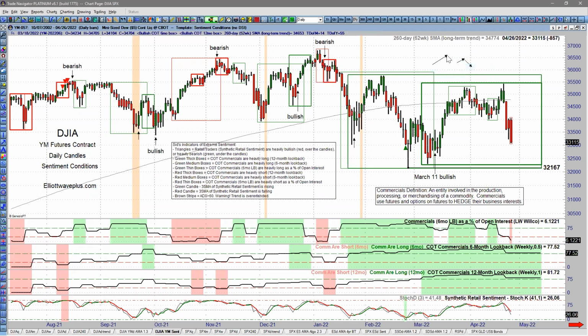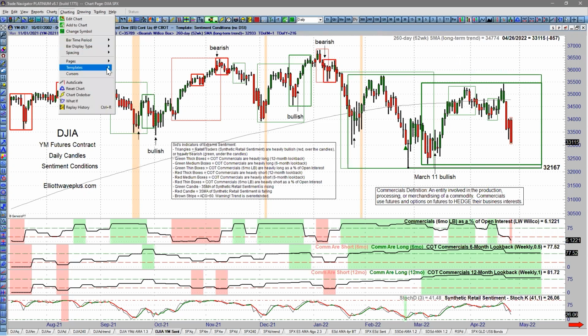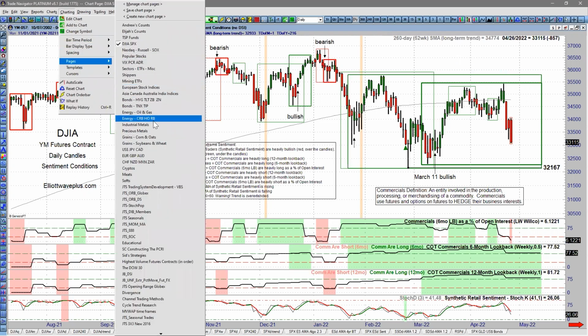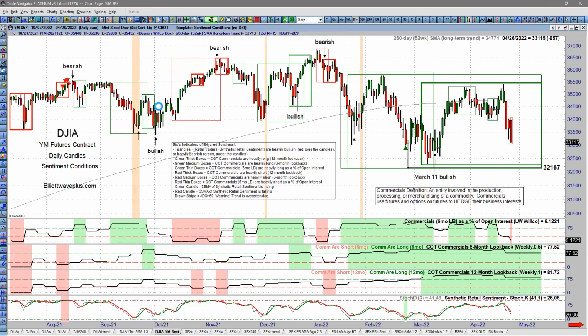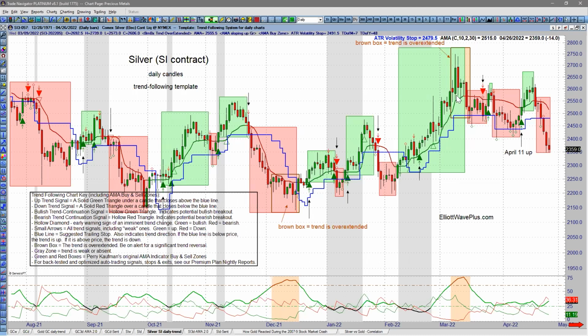So let's see how well they've done on something that's been a very difficult trade for the last couple of years, and it's an actual commodity. Let's look at gold, to compare what we see on a stock index as opposed to an actual physical commodity.